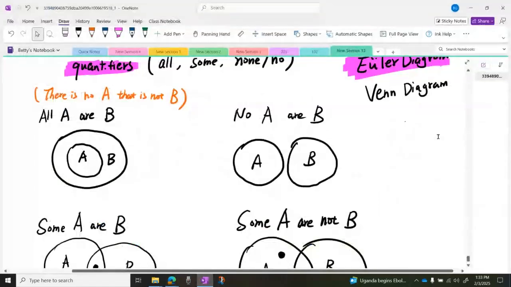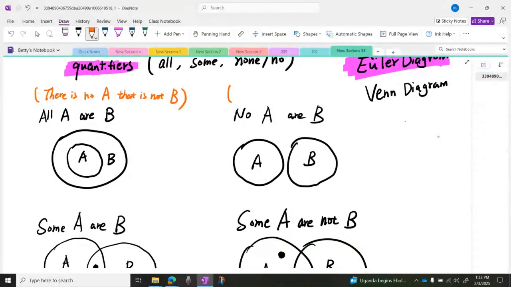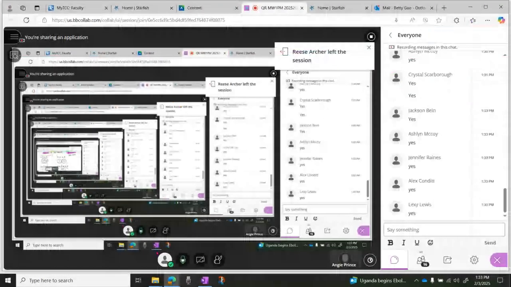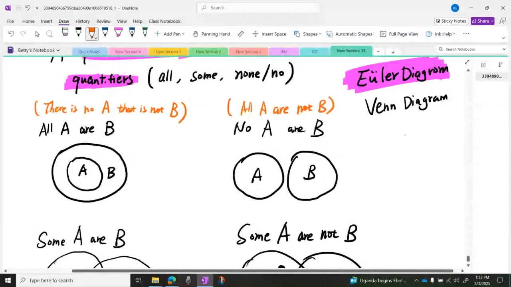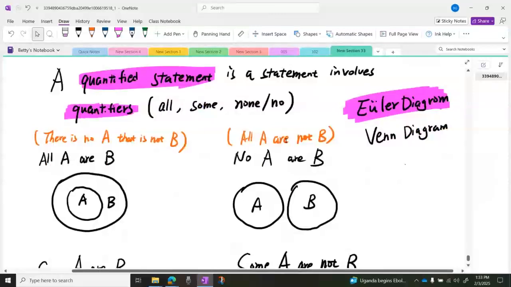And the second one, no A are B. An equivalent way to describe no A are B is all A are not B. To help you understand this equivalent statement, I'm going to use a Venn diagram.